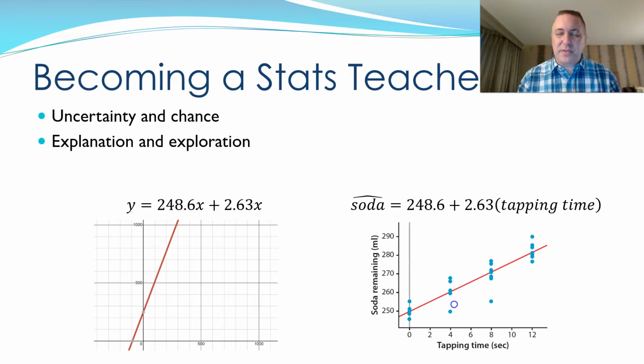We still want to make the best and most reasonable conclusions we can. There's a lot of explanation and exploration in the course, and that's different in many ways than mathematics. And so you have to prepare yourself for that. And we tend to use real data. Data are just numbers or information in context.